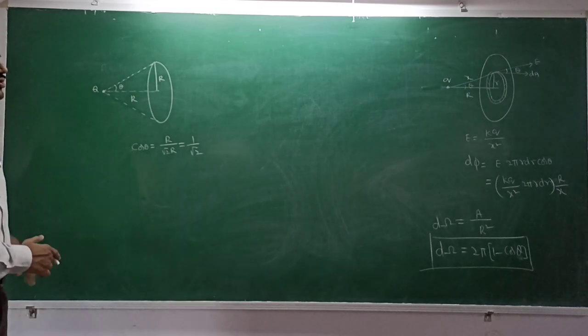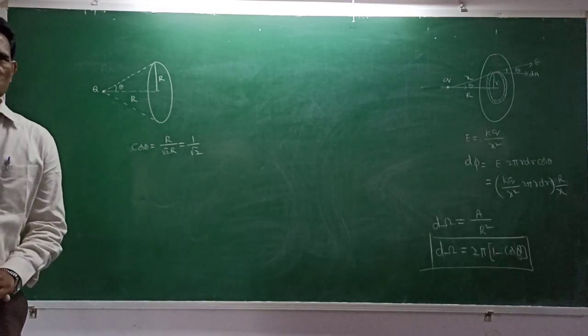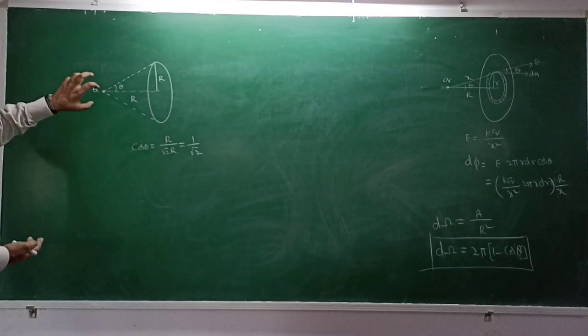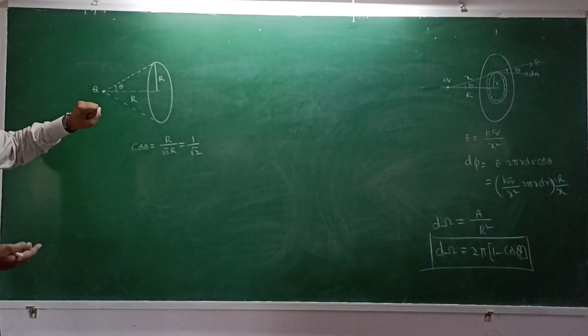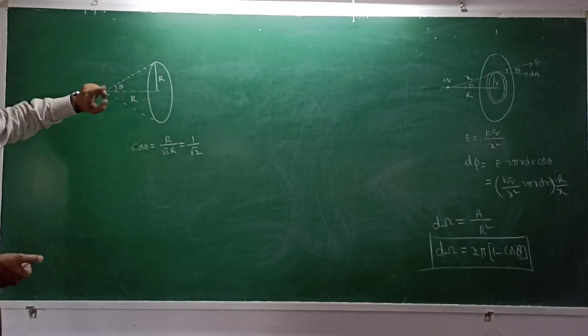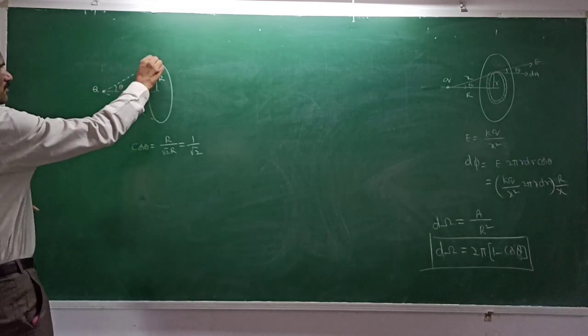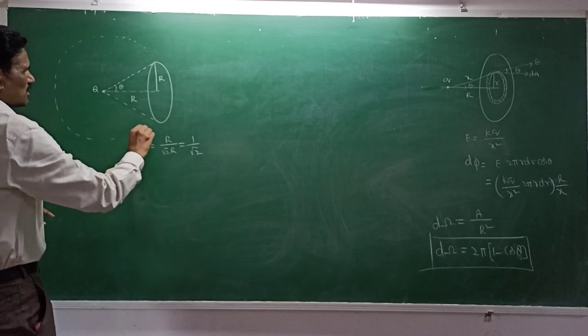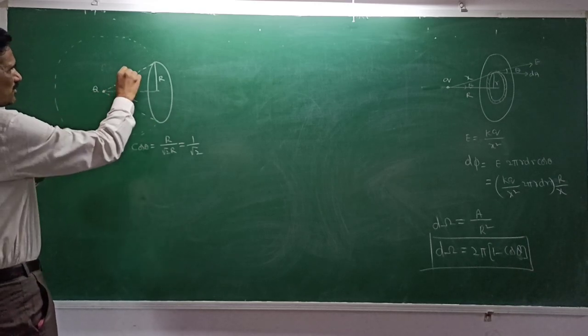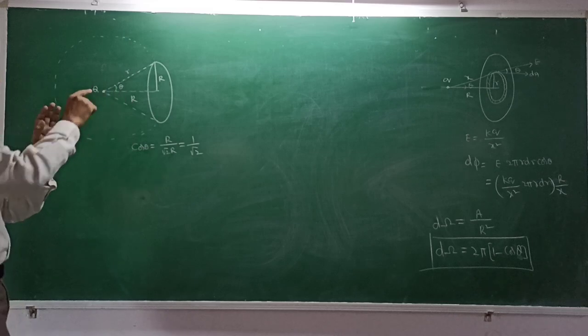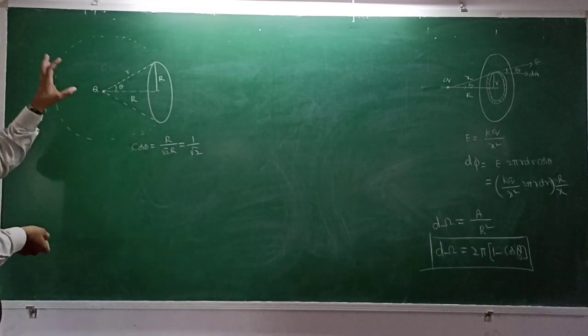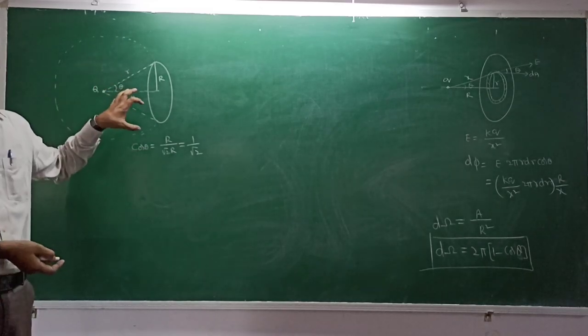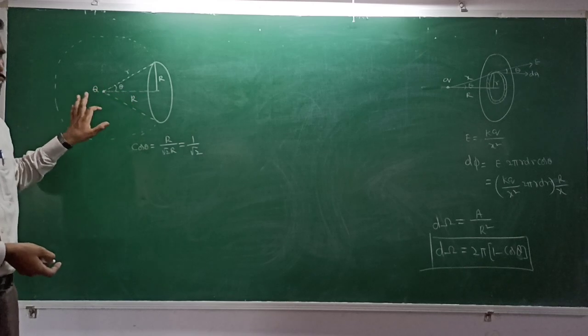And so now finally, this point charge will produce some flux here, right? That flux will be associated with the sphere if I consider, with whatever radius is there, if I imagine a sphere. Then the flux passing through that entire sphere will be Q by epsilon naught.